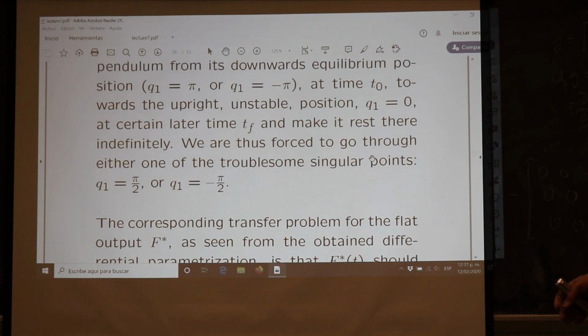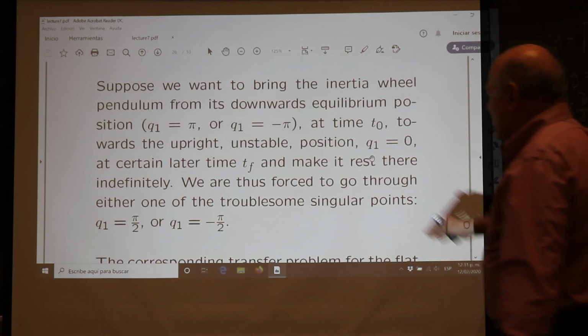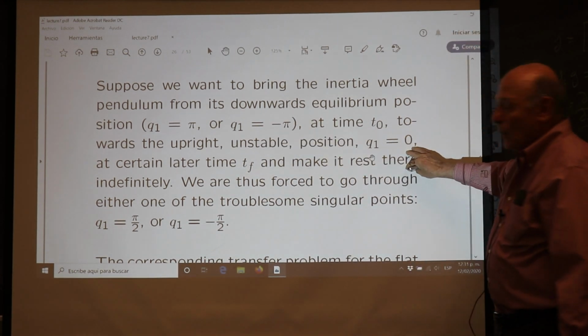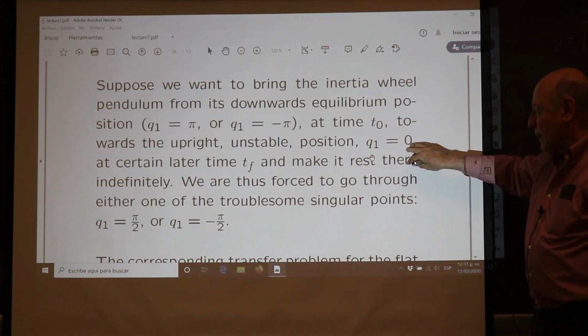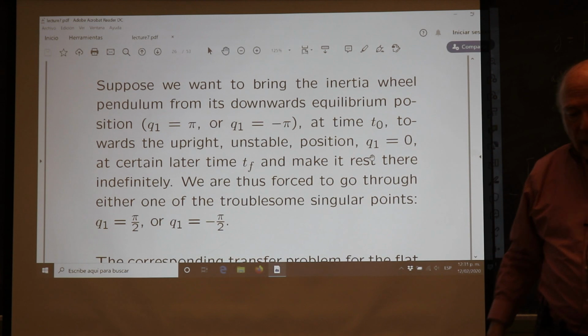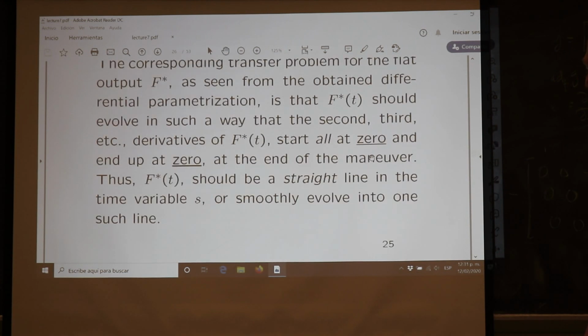This is what I explain in these pages. This is my objective. I start at pi or minus pi, and I want to go to Q1 equals 0. So that's my final objective. And I have to do that in terms of the flat output. So the transfer problem has to be translated into a nice trajectory for the flat output.